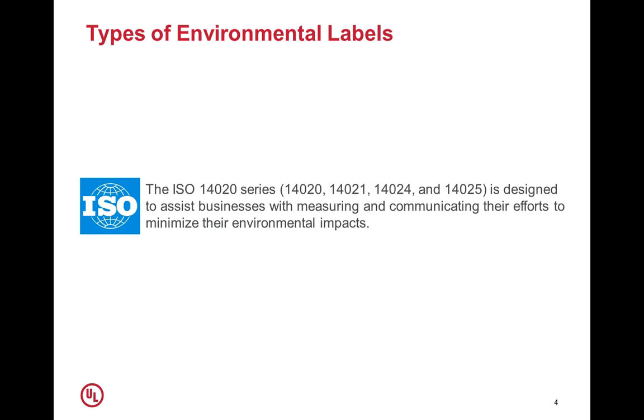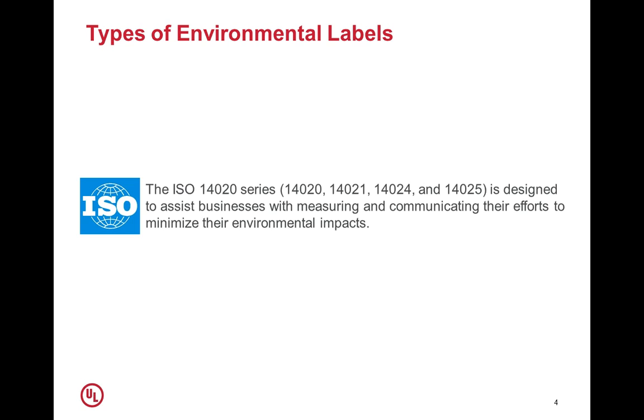Before we dig into the technical details of what EPDs actually are, I do want to do a brief overview of where the Environmental Product Declaration itself originated. So in the ISO 14020 series, which is designed to assist businesses with measuring and communicating efforts to minimize environmental impact, there are three types of labels that are called out.